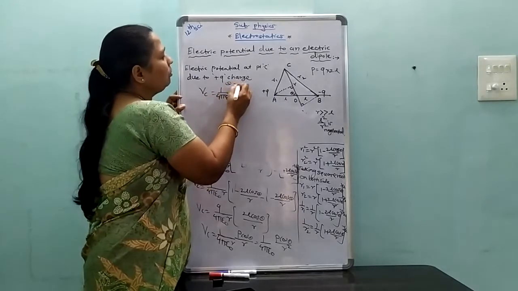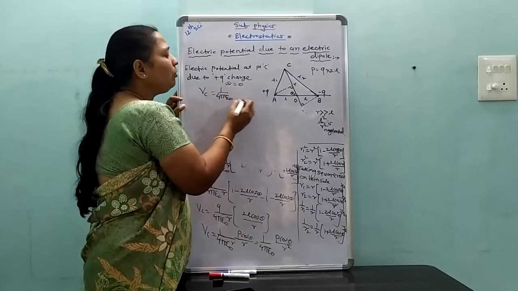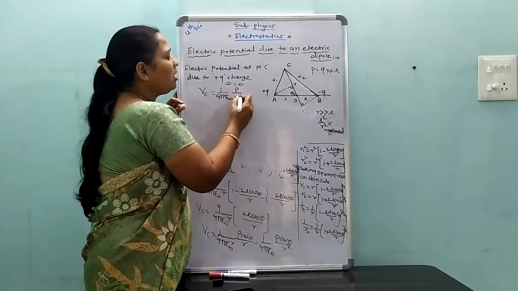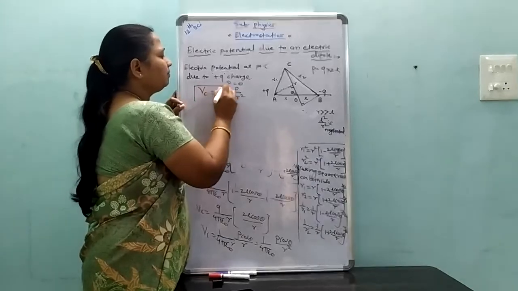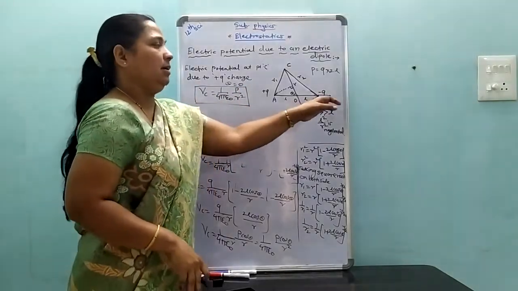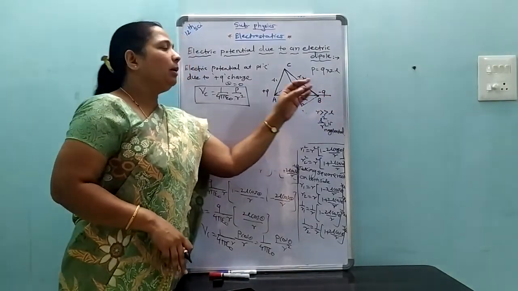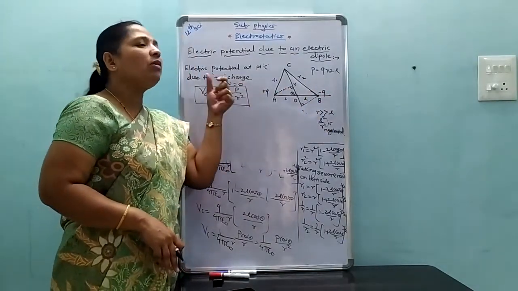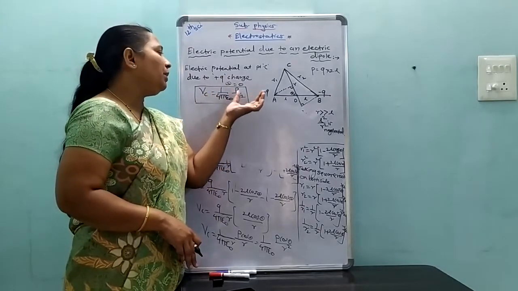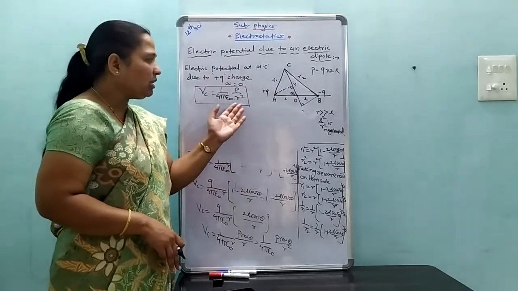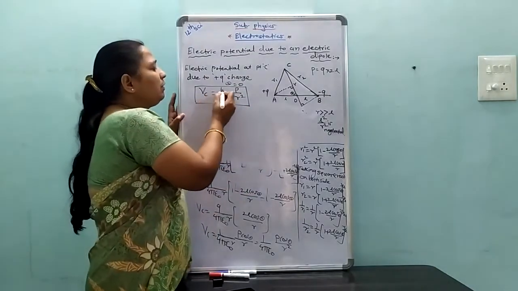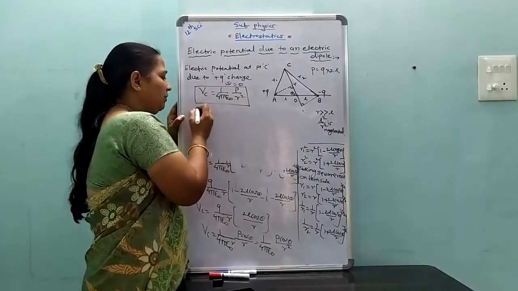Theta is equal to 0 means cos 0 is equal to 1, means Vc is equal to 1 upon 4 pi epsilon 0 P upon R square. When the point lies on the axis of the dipole, theta is equal to 0 or 180 degree. Because cos 0 is 1, P upon R square. Means Vc is equal to 1 upon 4 pi epsilon 0 P upon R square.